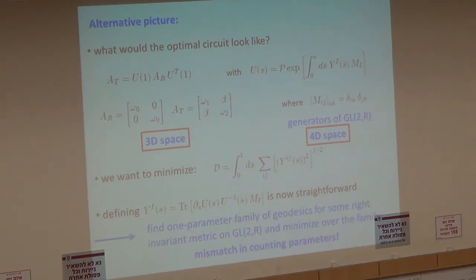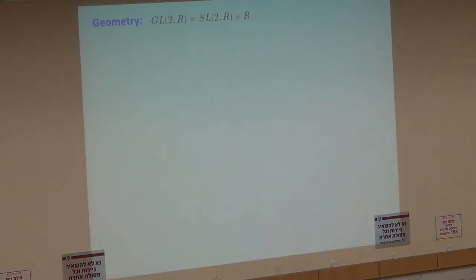There are going to be many geodesics, or many U's that are geodesic, that carry out the desired transformation. I'm going to look at all of those geodesics and find the one that has the minimal length according to our cost function. But that's just a warning for something that we're going to see later.